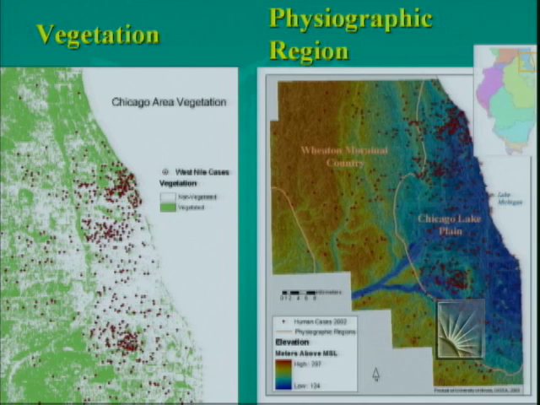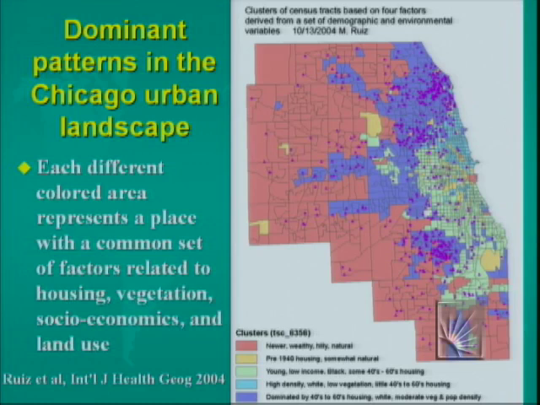Very importantly, when we look at physiography, the distribution of cases was very much concentrated in the Chicago Lake Plain, in an area that is prone to flooding. In fact, this area used to be heavily flooded. The housing really developed greatly after the Second World War with a big housing boom. And drainage is a big problem in that area. I'll come back to that in a second.